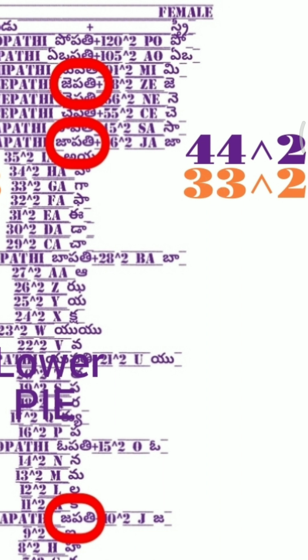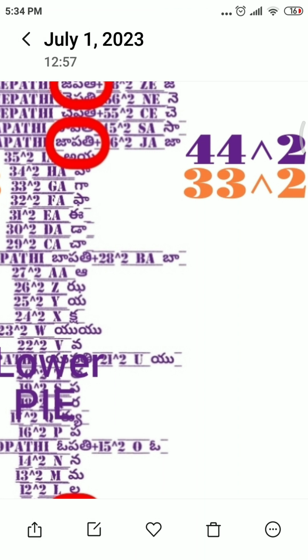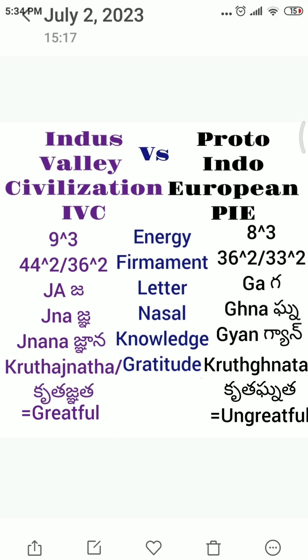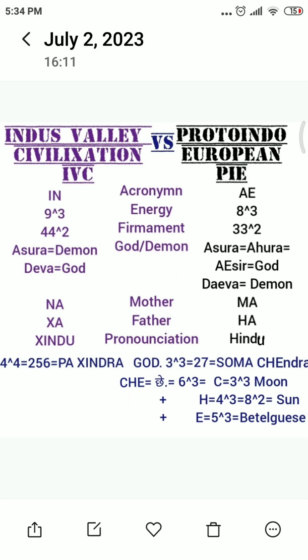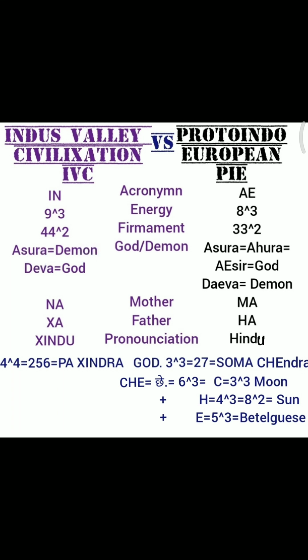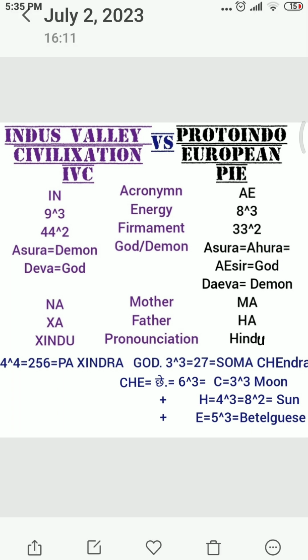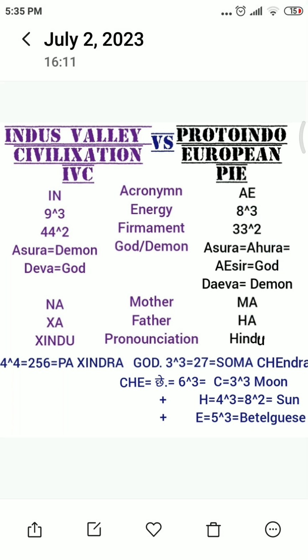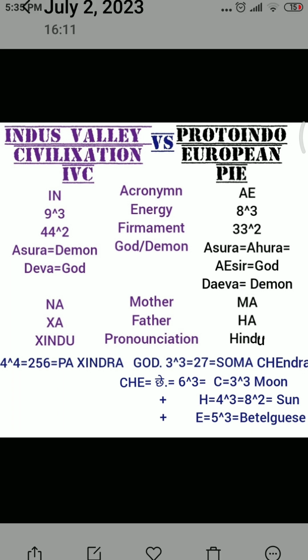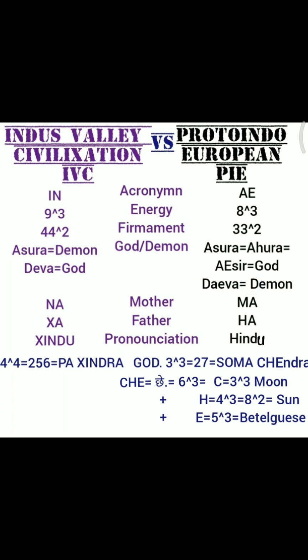He is also an Asura, as we have clearly seen here. Asura is a demon here in the Indus Valley, and here in Proto-Indo-European, Asura is God. So these PIE gods, or the Norse gods, are not actual gods, but basically they are demon gods.